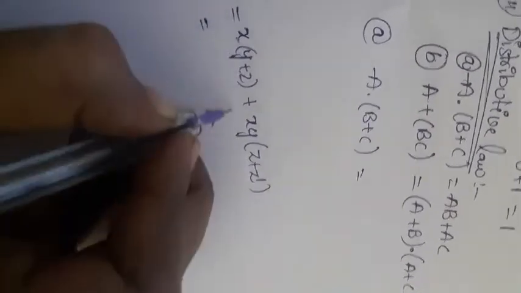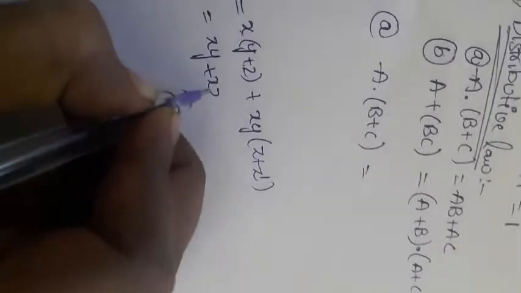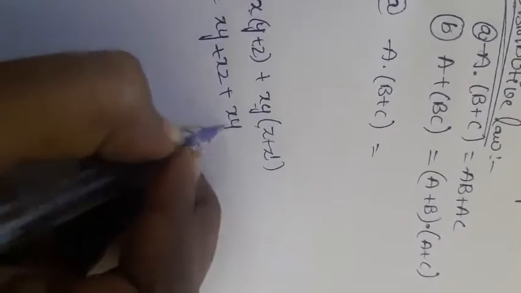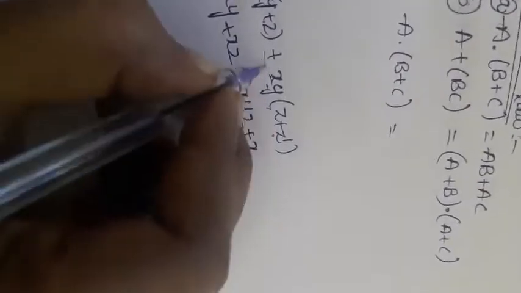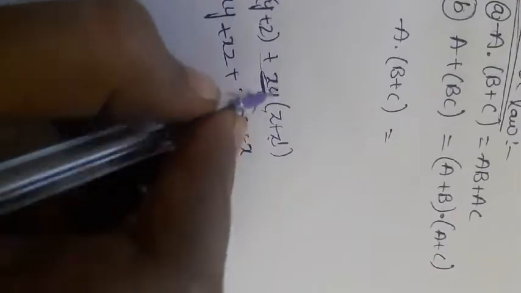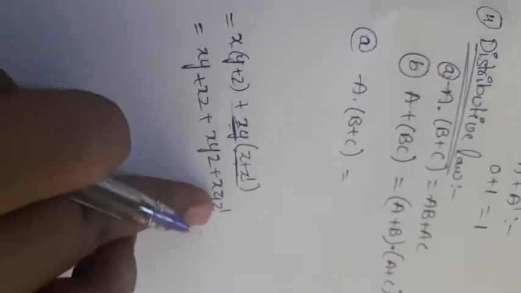You have to simplify this. How? Just multiply each term with the common term, so xy plus xz plus xyz, and each term is multiplied with the left term, so xyz complement. Like this we can simplify.